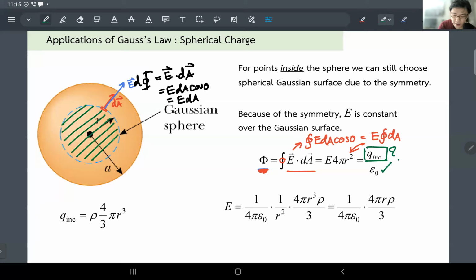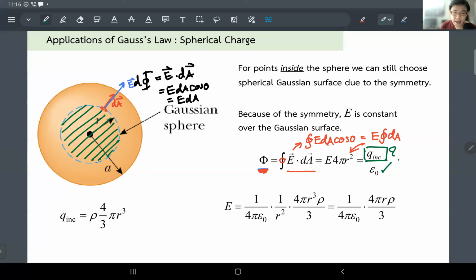Whatever goes beyond this, you don't have to take into account. It's not inside, it's outside. We already said when it's outside, the net electric flux from the outside charge will be 0 on any closed surface. So you don't have to worry about it. All you have to worry about is just the charge within the Gaussian sphere.